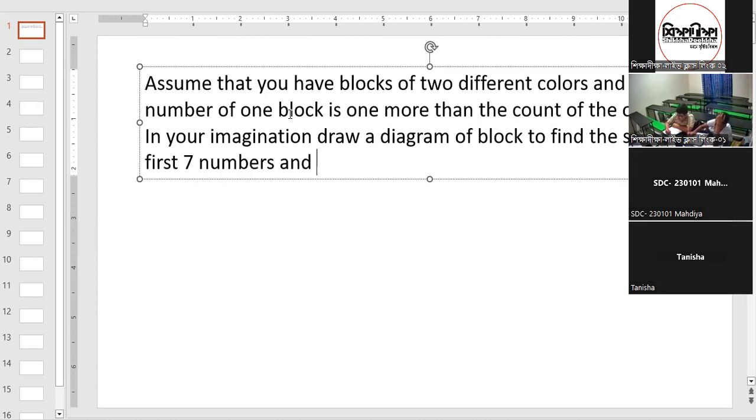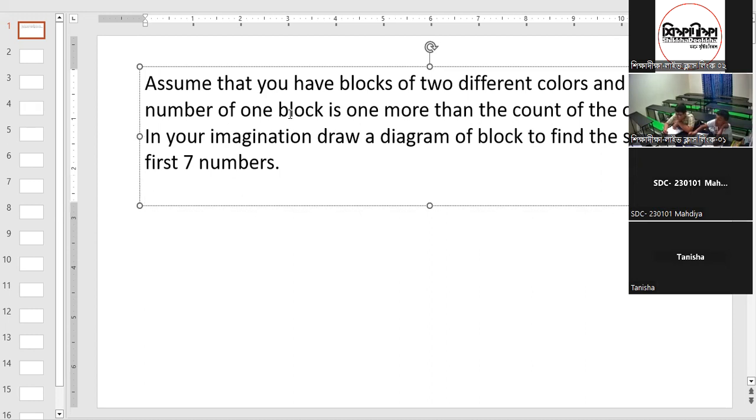And it is on the method. So what do we have to find out? We have to find out the sum of the first seven numbers. Right?